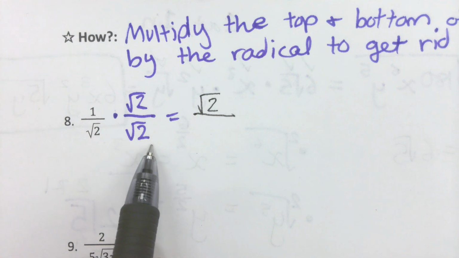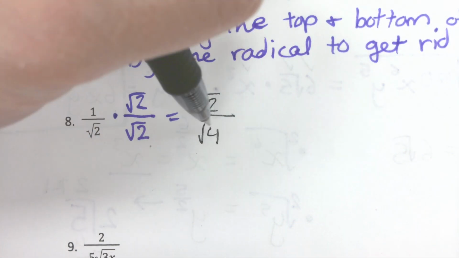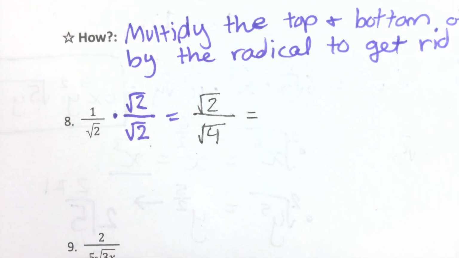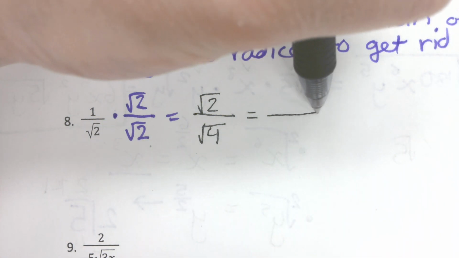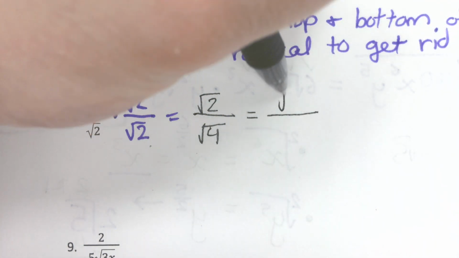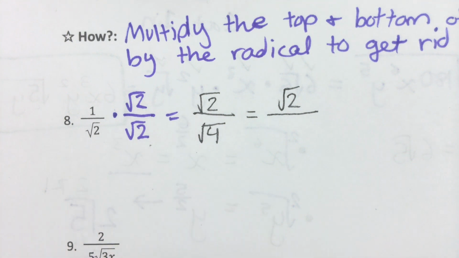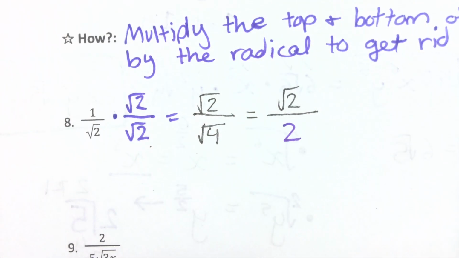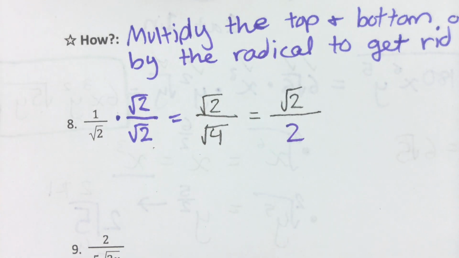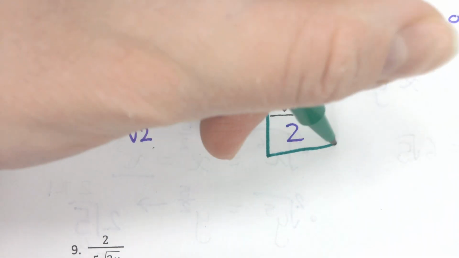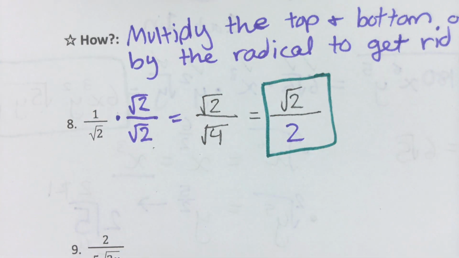Square root of 2 times the square root of 2 is square root of 4. Square root of 2 will still be on top. And then, again, I hope you recognize the square root of 4 is just going to give us a 2. And that's it.